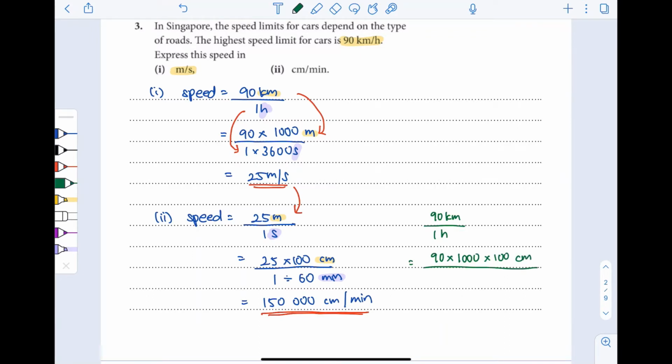As for our 1 hour, we know that 1 hour has 60 minutes, so 1 times 60 will convert it into minutes. Keying this into our calculator will allow us to get the same answer, so we will get 150,000 cm per minute. And this is an alternative to part 2.